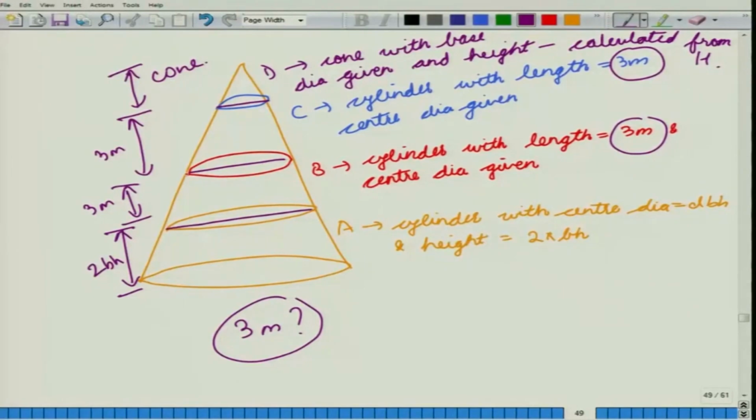So, in the case of section B, what you would be doing is making a cut here and a cut here. So, you have two cuts.